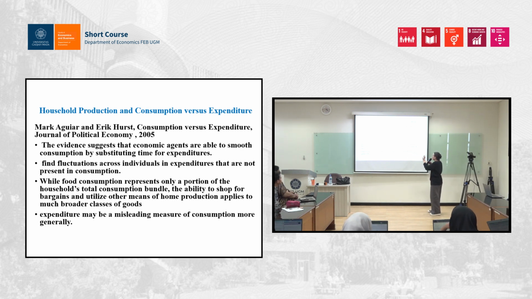However, food consumption is only one part of total consumption. It's an important part. So if you are a specialist of consumption, you will know. I don't know the exact proportion. I don't know if there is a specialist of consumption in this room. But normally, I think that the food consumption is about maybe 60% at least of total consumption.